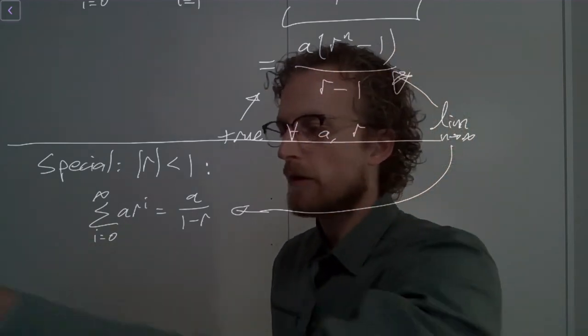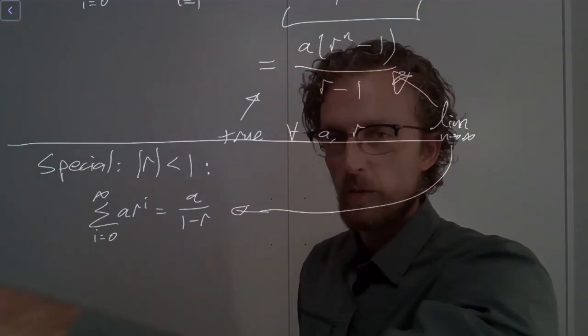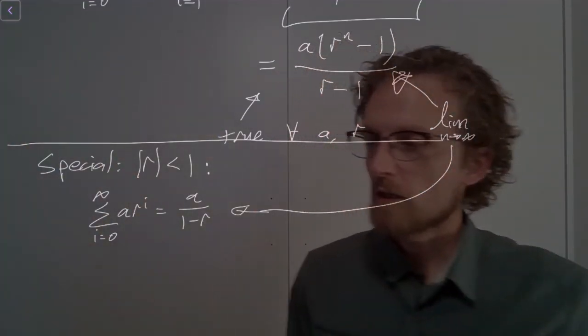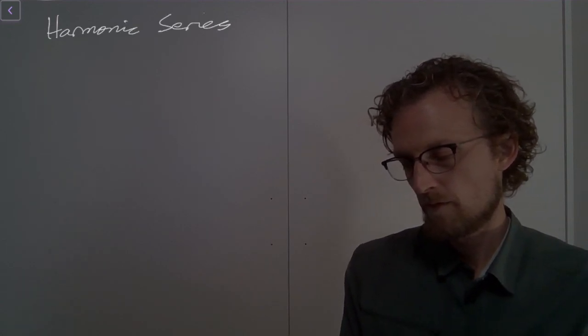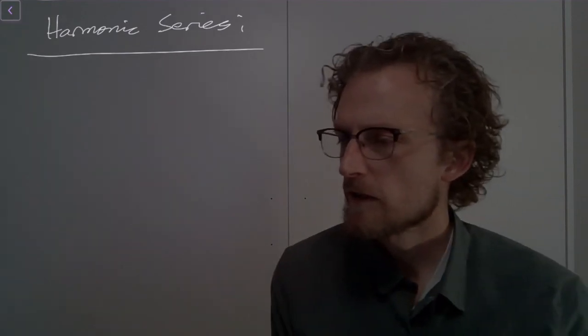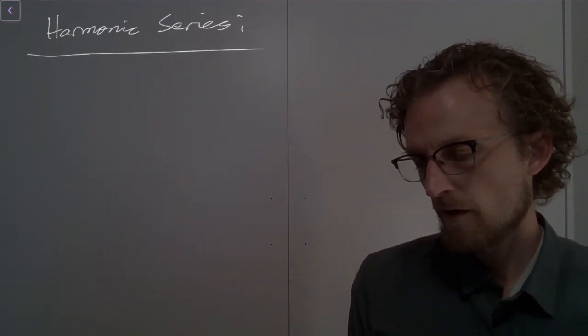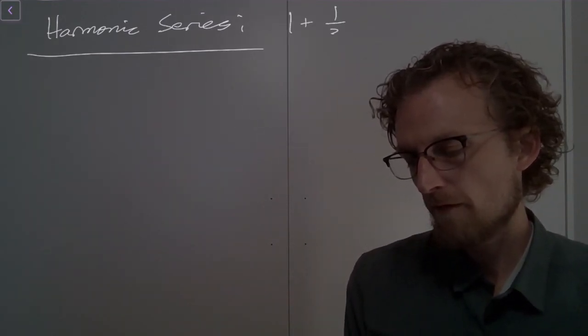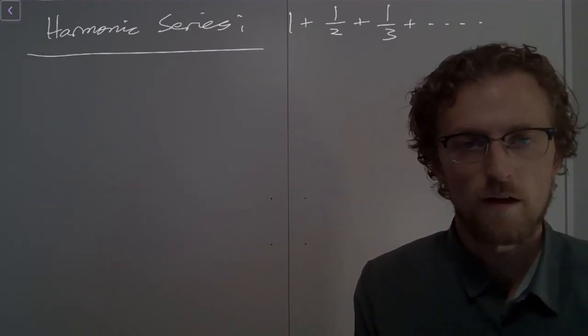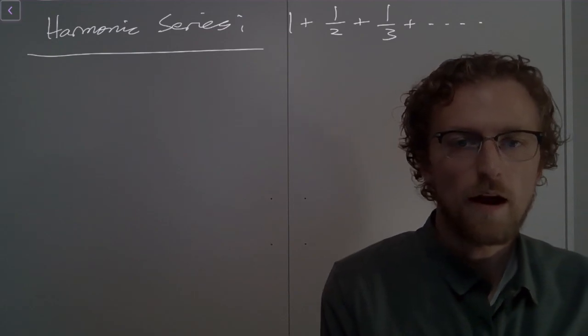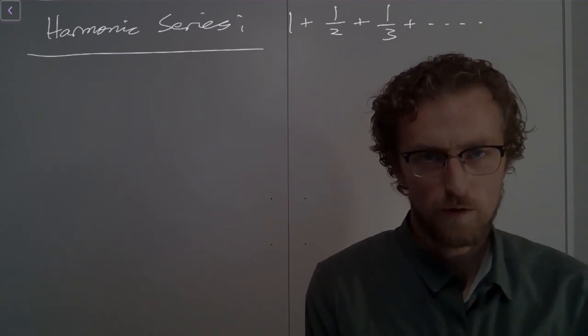One last thing I want to talk about is something that looks very similar, but it ends up being quite different, and that's called a harmonic series. Okay, so a harmonic series looks like this. A harmonic series is 1 plus 1/2 plus 1/3 plus, and so on. So it's just 1 divided by the kth natural number.